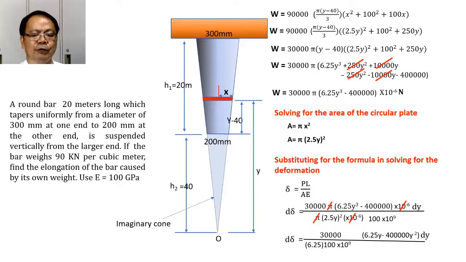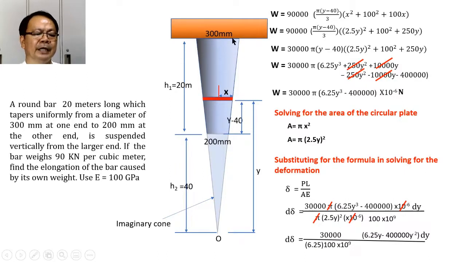Now, let us try to consider taking all those very thin plates starting from the bottom of the frustum, where the value of y is equal to 40, up to the top of the frustum, where the value of y will be at 60.